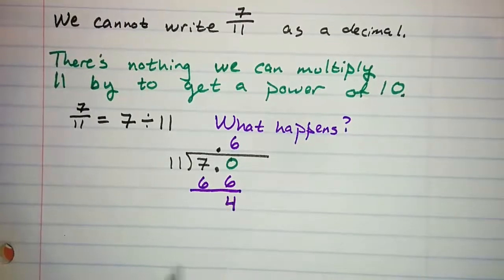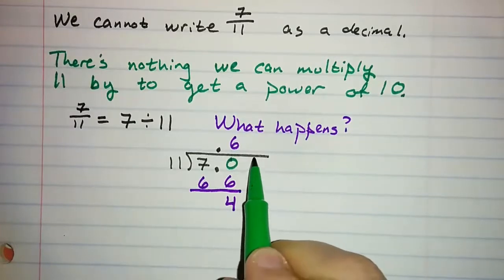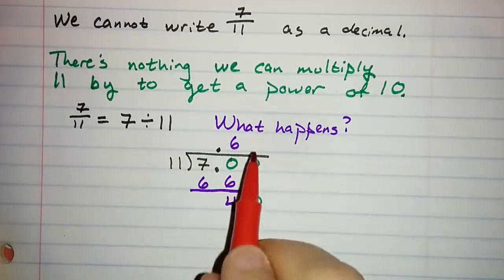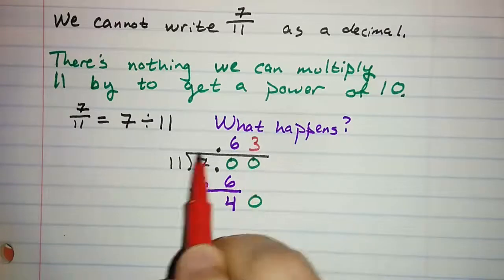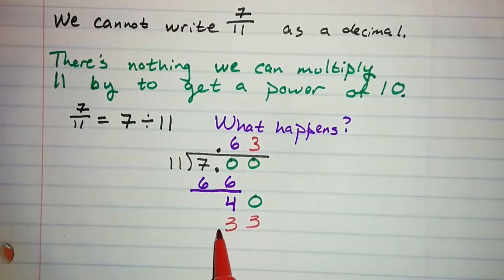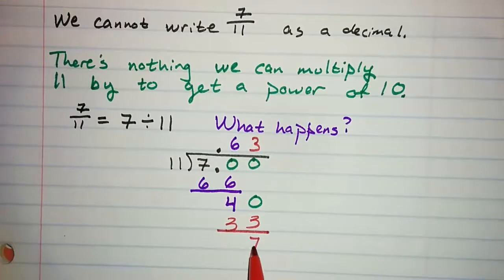We subtract and we get 4. Add another 0. 11 goes into 40 3 times. 3 times 11 is 33. We subtract and we get 7.